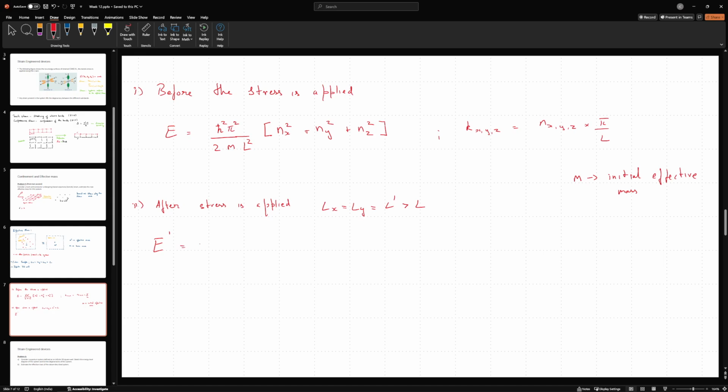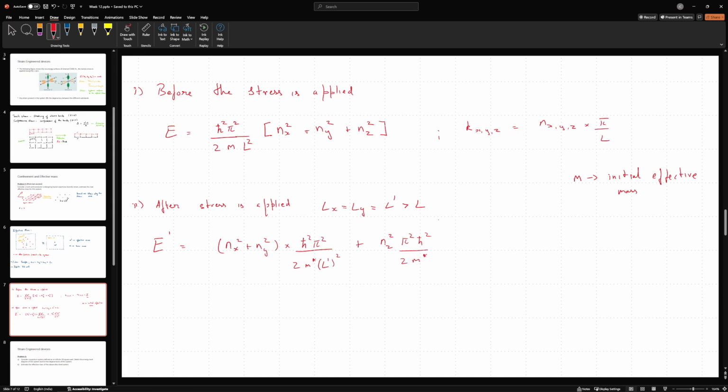So now the new energy E prime is going to be (nx squared plus ny squared) into h bar squared pi squared divided by 2m star L prime whole squared plus nz squared pi squared h bar squared divided by 2m star L squared.